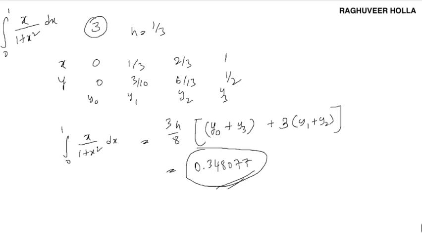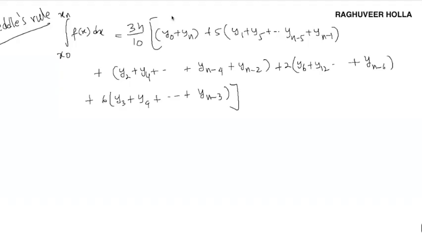Let us move on to the next and the last rule, which is Weddle's rule. We'll write it down. This is the formula for Weddle's rule. We'll be using it. Again, I'll be taking the same function and we'll integrate it.